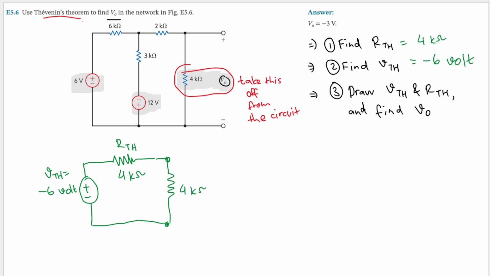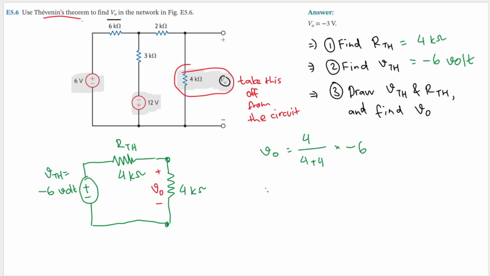So we'll have this one here as 4 kilo ohm. And then what are we looking for? The voltage across this 4 kilo ohm resistor. So we'll have V0 here. And I think we can use voltage divider to find out V0 here. V0 is just this resistor here, 4, divided by 4 plus 4, this resistor and this resistor, multiplied by the voltage source here, which is minus 6.